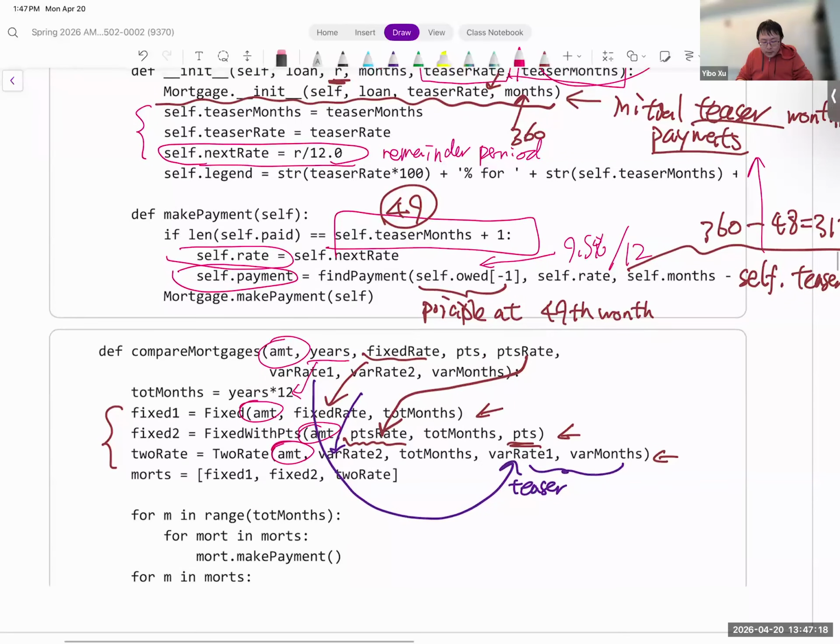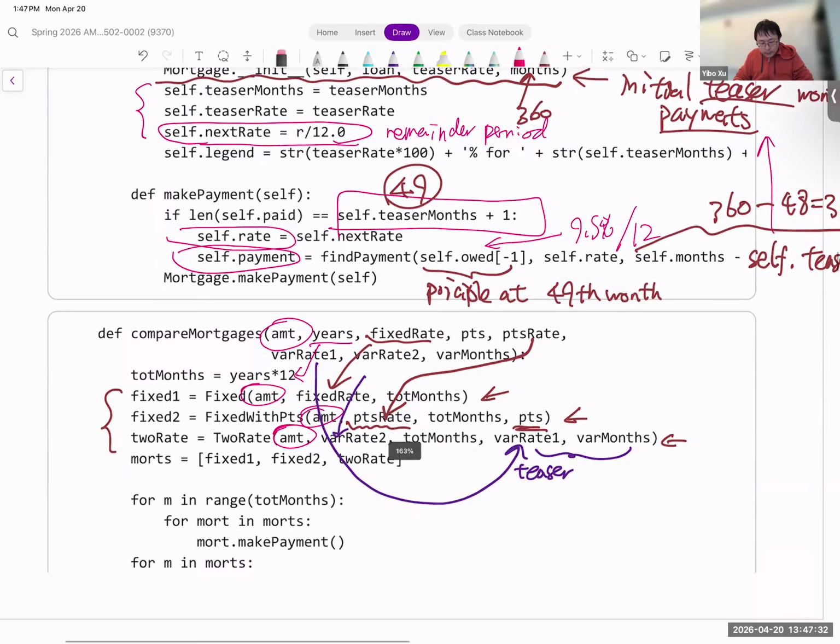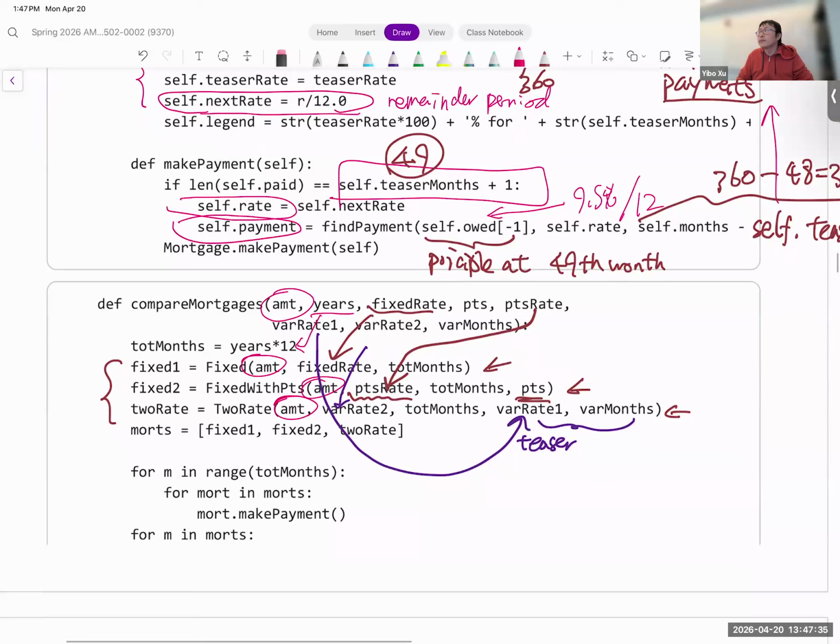Just make sure that when you're playing with this mortgage class and the related functions in your live coding, you get everything sorted out.